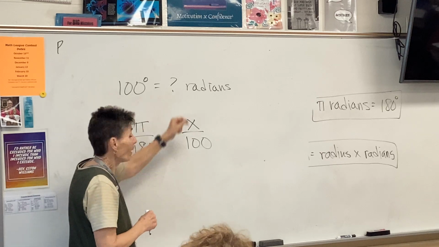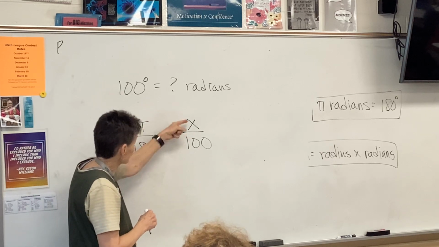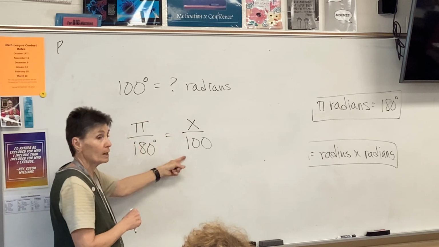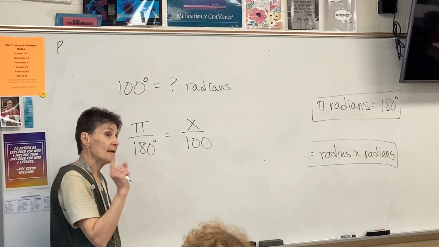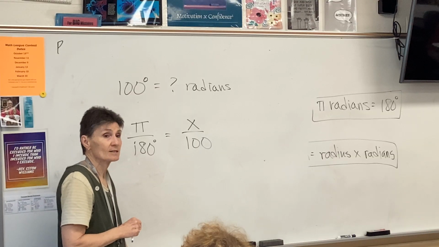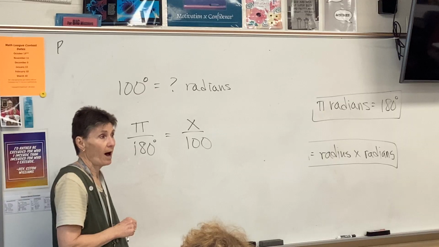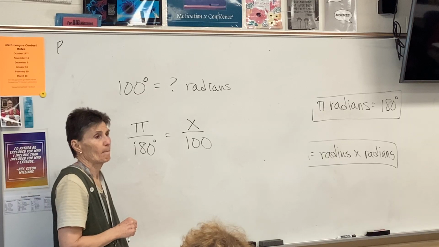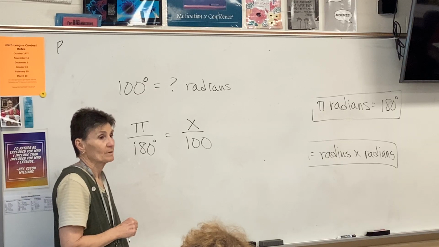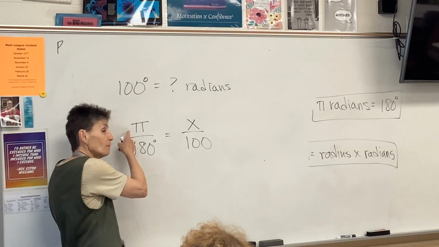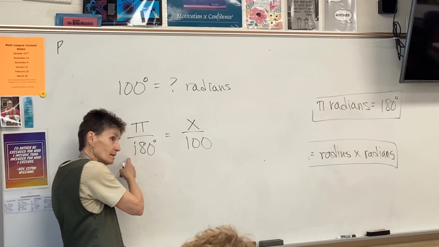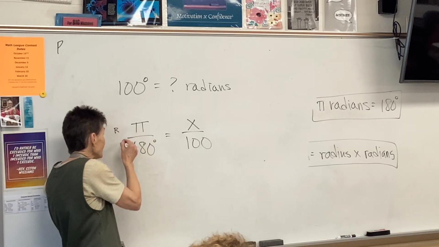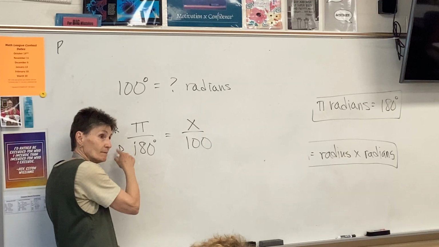Then, whatever the problem is, in this case, I'll say x over 100. Now, can anybody tell me why I did x over 100 and not 100 over x? So you're solving for the radian? Exactly. When you put pi over 180, this is a radian and this is a degree, right?